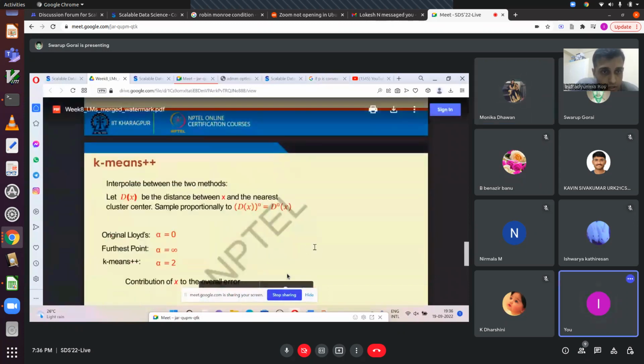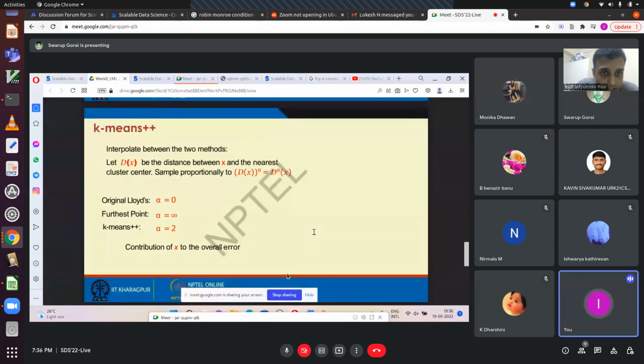Let dx be the distance between x and the nearest cluster center, and sample proportional to dx to the power a. I see. So Lloyd's has x as 0.